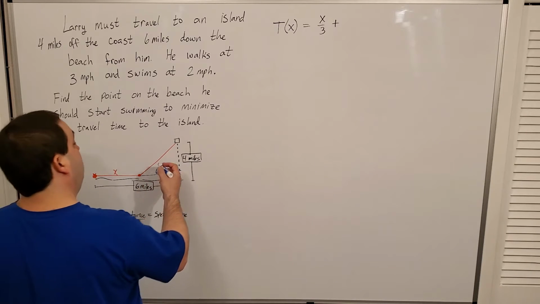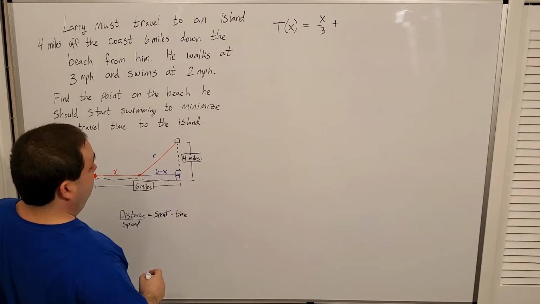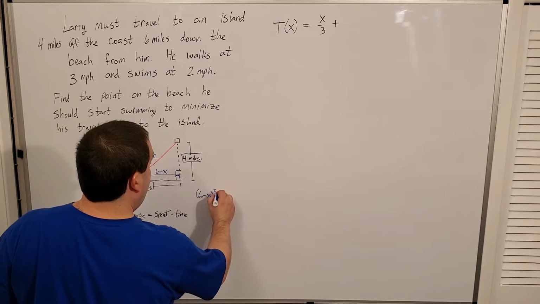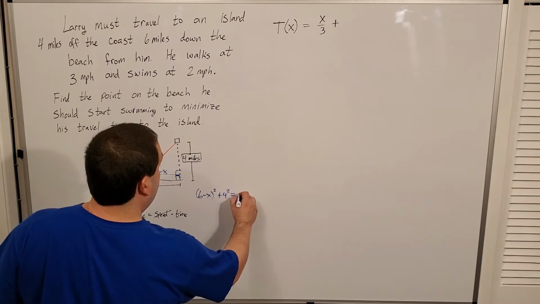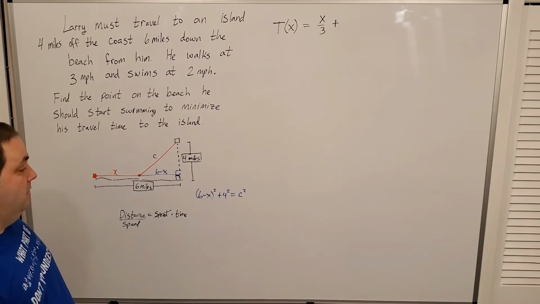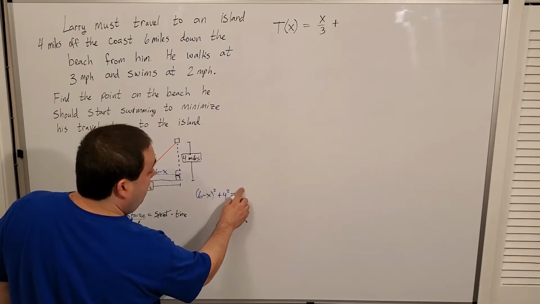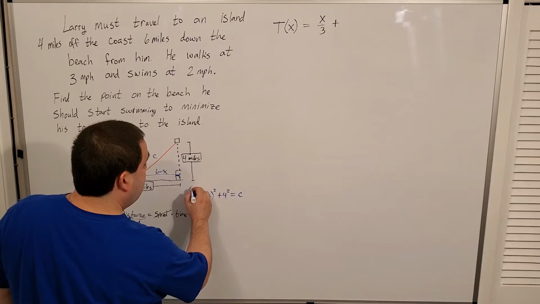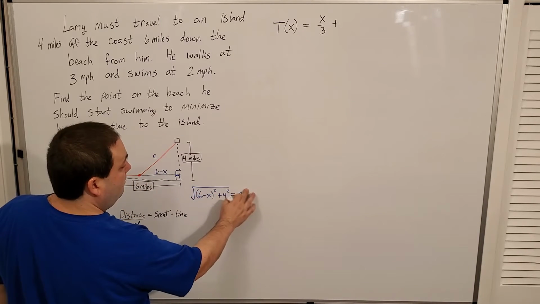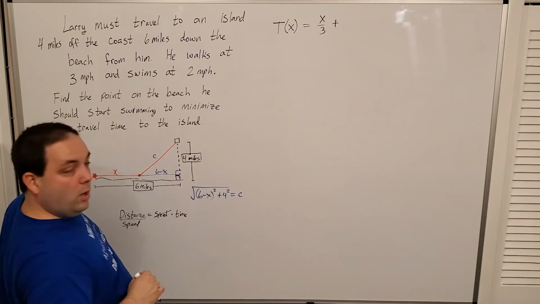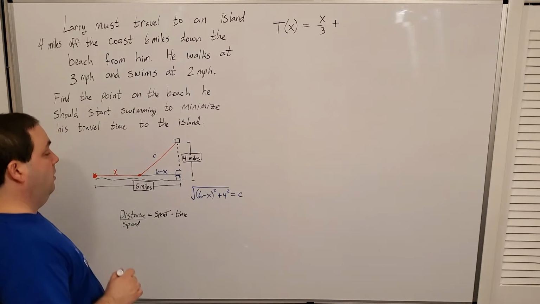So if I call this c right here, then (6 minus x) quantity squared plus 4 squared should equal the length of that thing squared, right? But if I just square root both sides like this, then the length of c is this square root here. Okay.